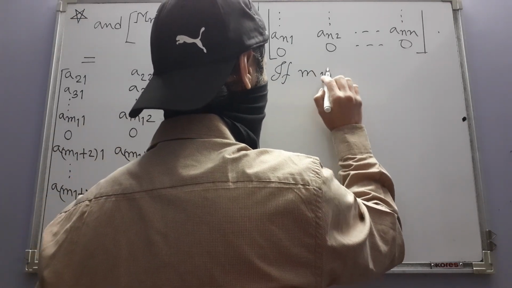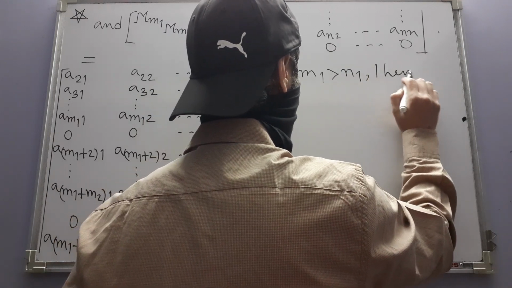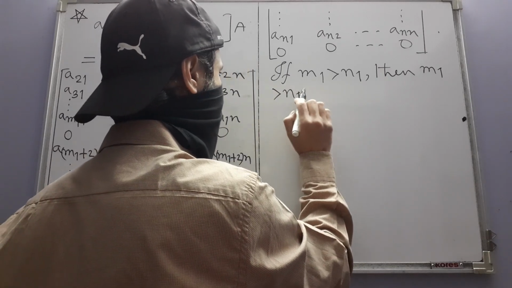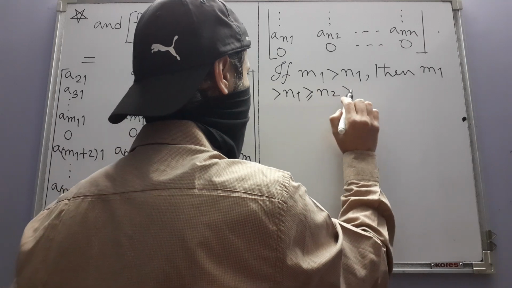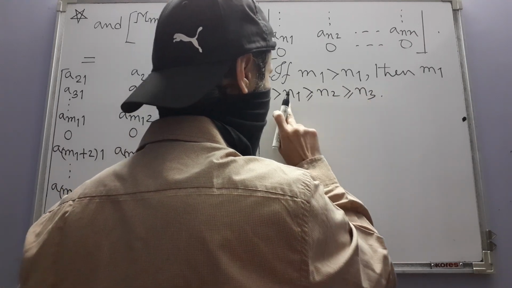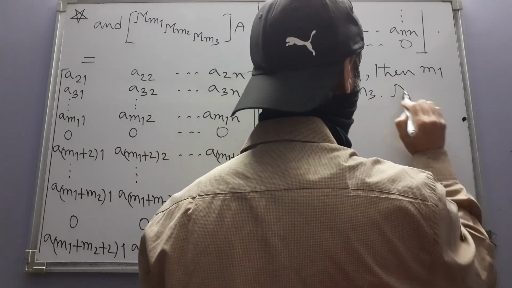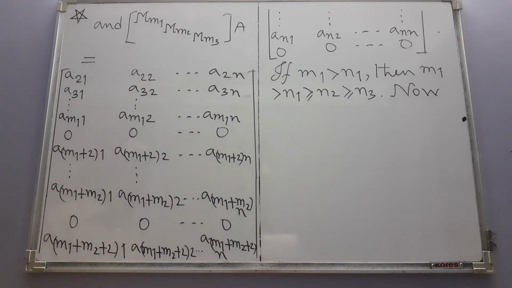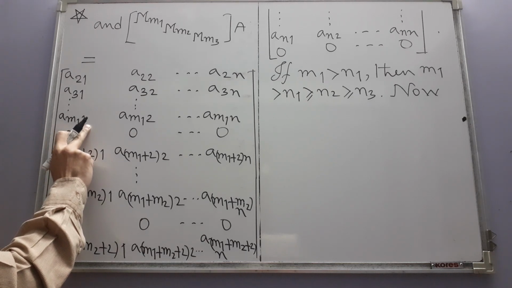If m1 is greater than n1, then m1 is also greater than n2 and n3 as well, because we already have these inequalities. Now, following the same argument that we followed while solving exercise 3, we immediately notice that am11 is equal to 0.